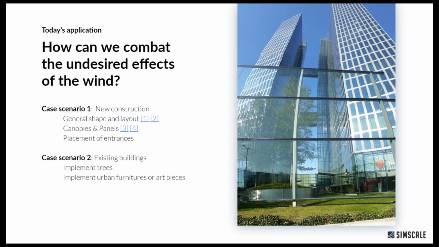And on the right-hand side, you can see a picture I took myself yesterday, cycling in Munich. I found it very interesting that everywhere, if you look around, you can see the strategies architects implement to mitigate wind effects.